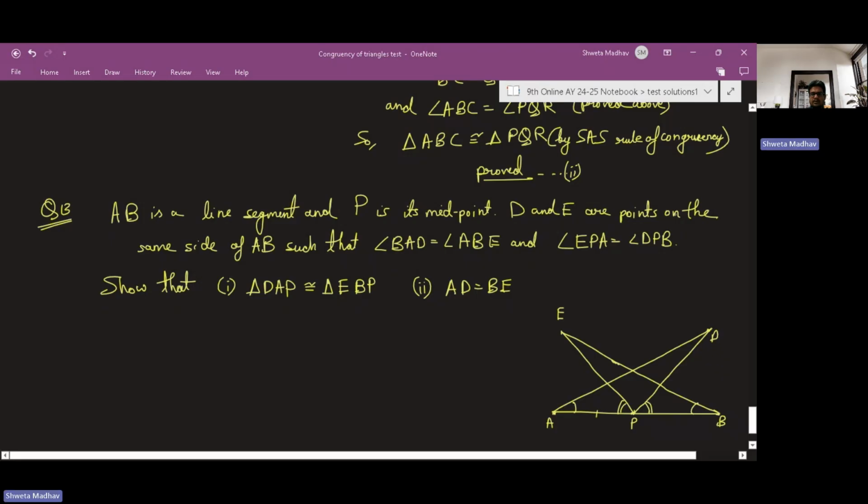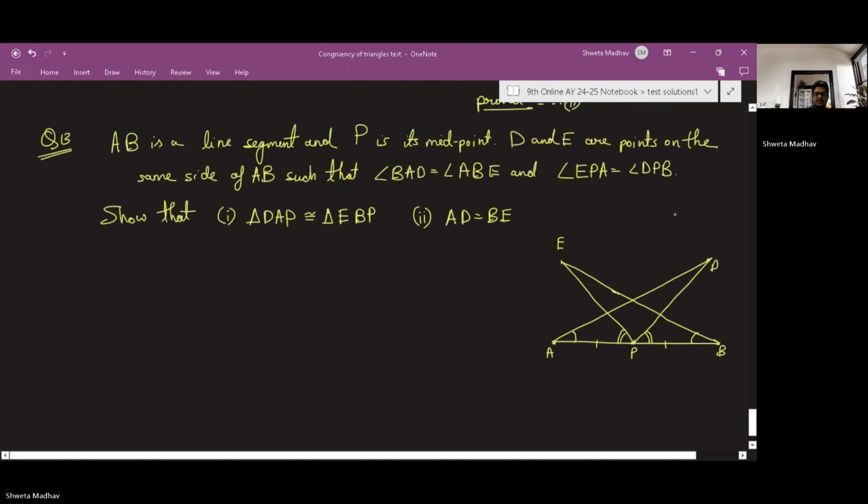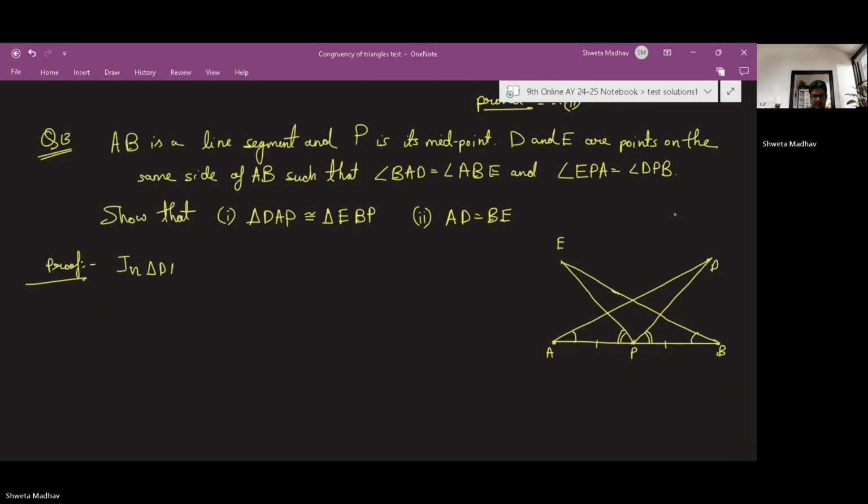P is the midpoint. So we have to show that triangle DAP is congruent to triangle EBP. How to prove it? We write the proof like this, in triangle DAP and triangle EBP.